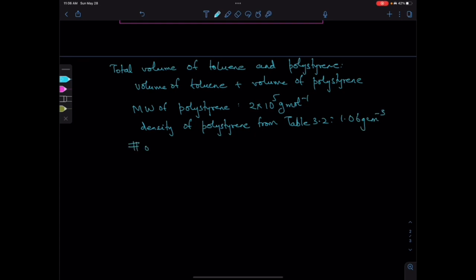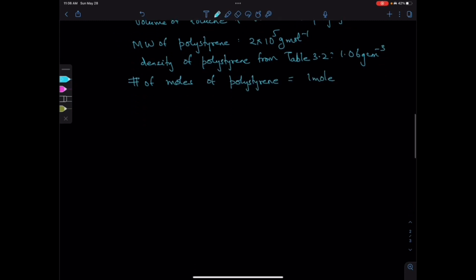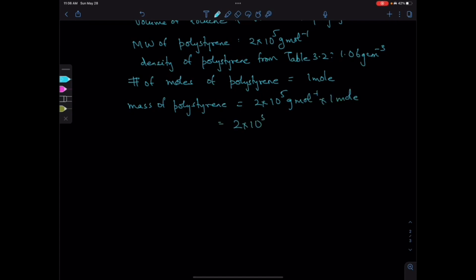So number of moles of polystyrene is given as 1 mole. So mass of polystyrene is 2 times 10 to the power 5 grams per mole times 1 mole, which is 2 times 10 to the power 5 grams.